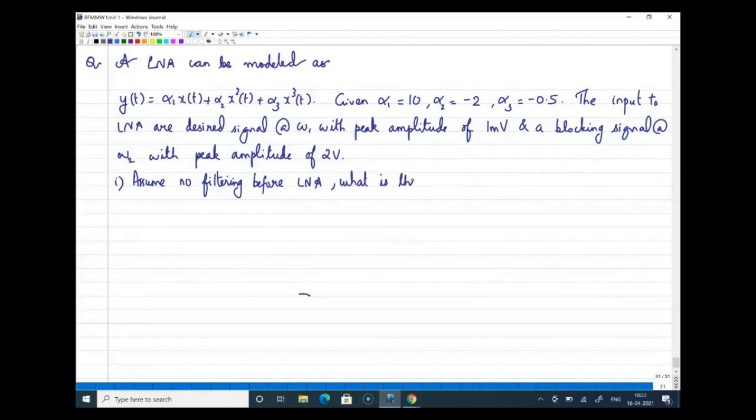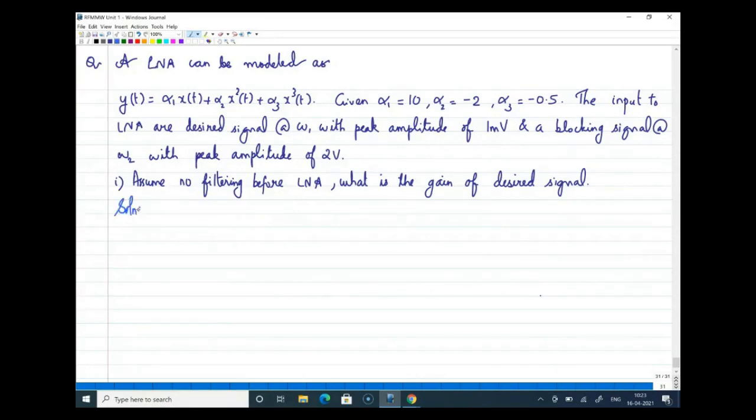This is the first part of the question. Let us solve this first part and then we can move on to the second part.